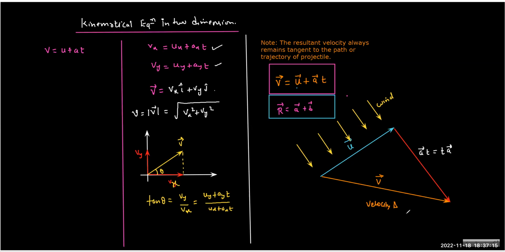Now, what is really interesting to know is that in two dimension, if you particularly talk about projectile motion, then the G vector will always be vertically downward. So the red arrow is predetermined.